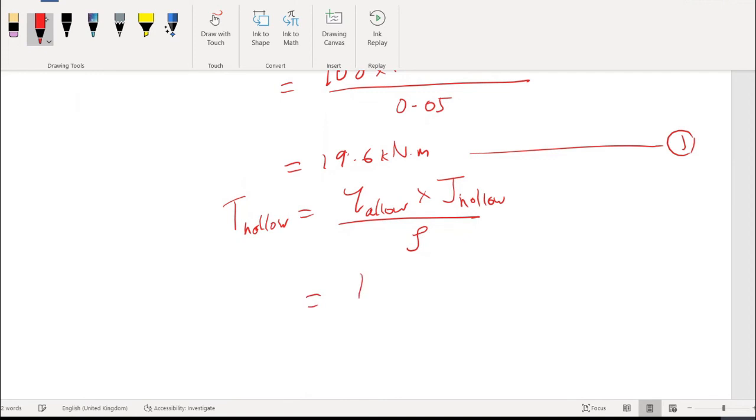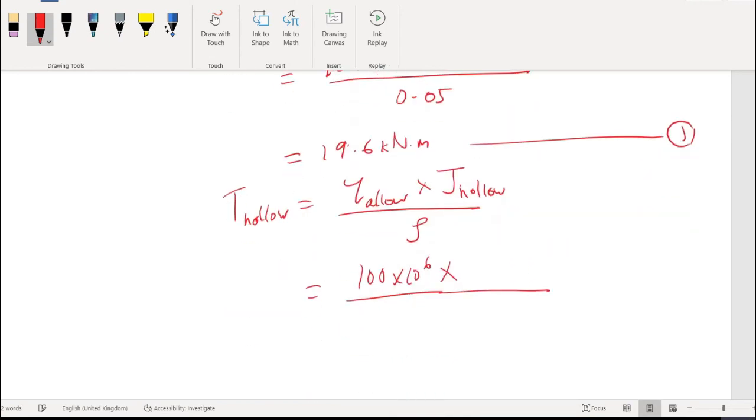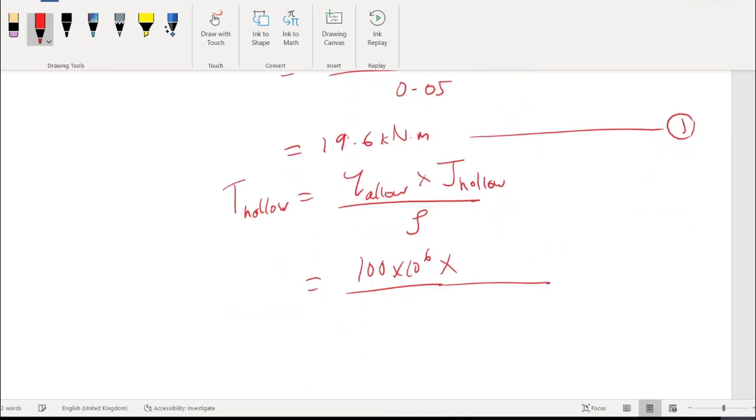Substitute. Allowable is already there, 100 megapascals, multiplied by 10 power 6, and then divided by J, which we already found out. Substitute the polar moment of inertia here, and the distance in this case is different. You need to take the difference between these two. How much is the value for this one? 0.0375, right?